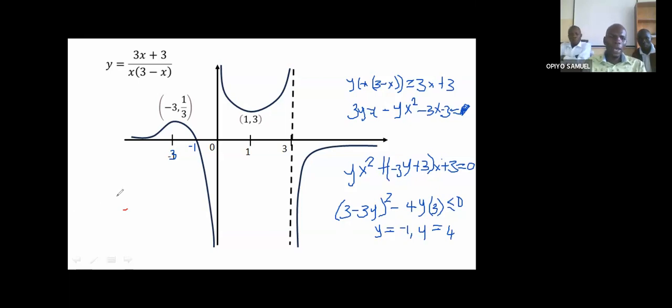Now you will need to again divide the entire line into these intervals. You have -1, we have 4.